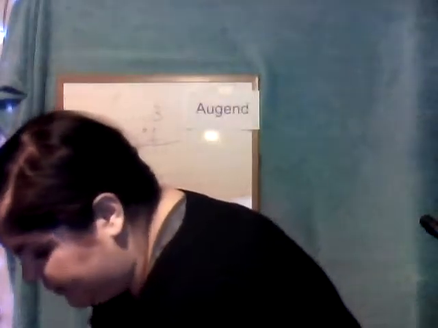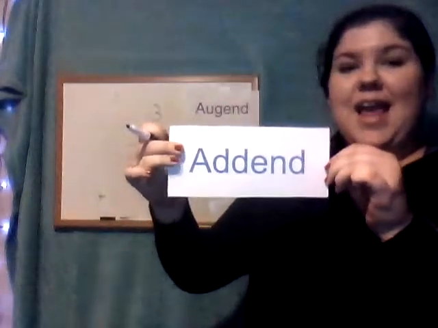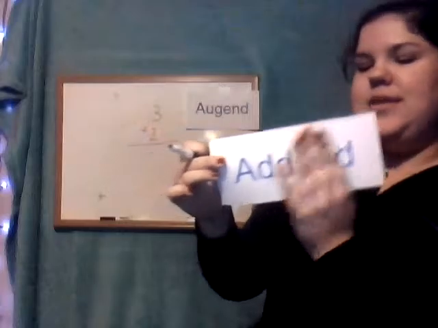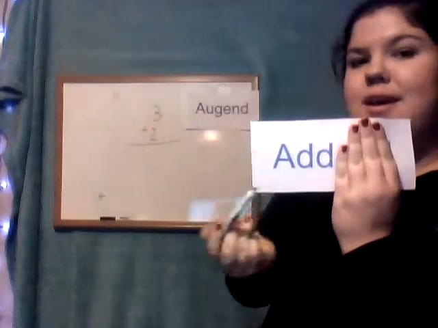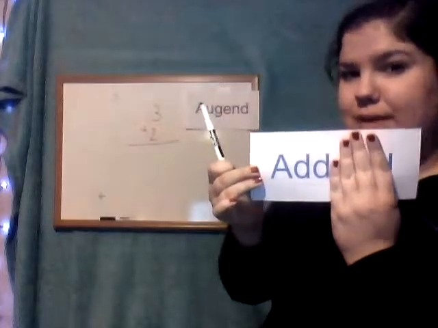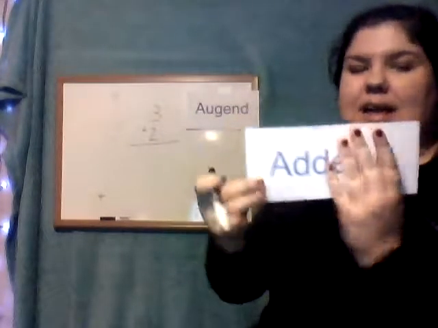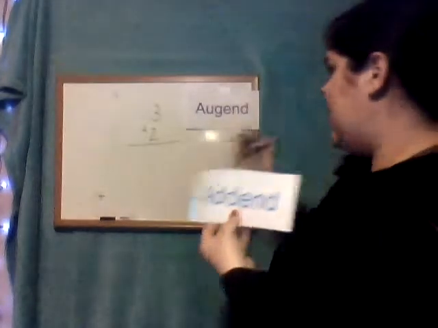And the bottom number is called an add end. Now, doesn't this word sound a lot like what we're doing? What are we doing with this plus sign? We're adding. So this is called the add end, and that is the second number.